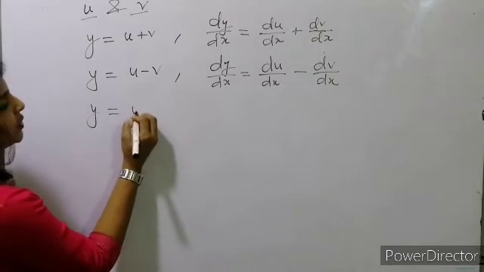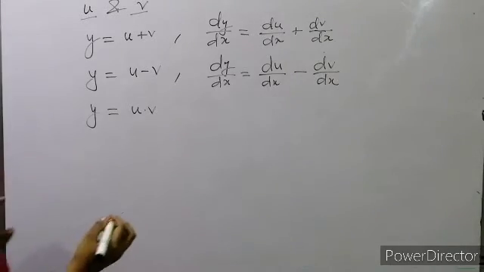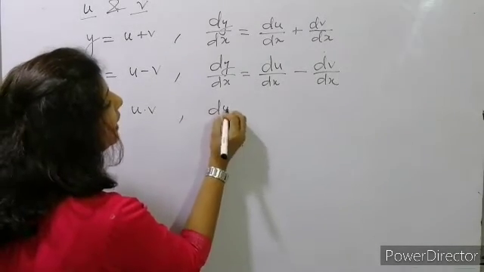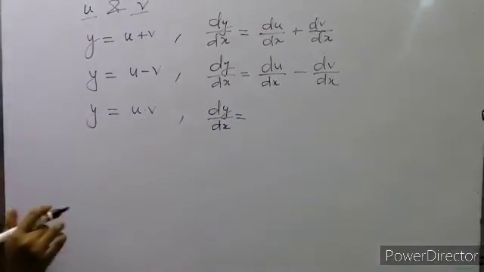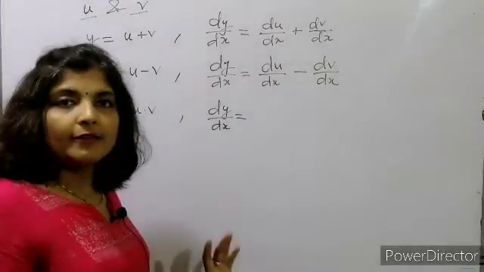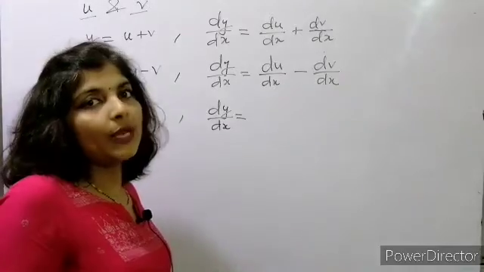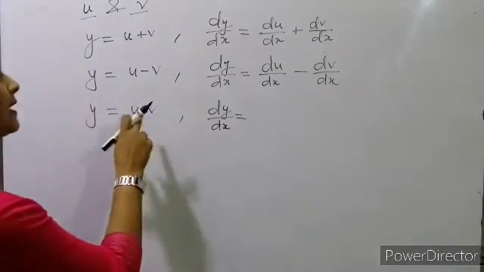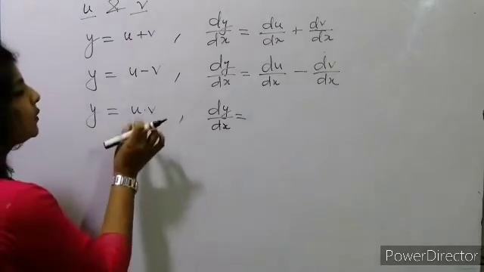Now the value of y is u into v. In that case, what will be the value of dy by dx? There are two things, u and v. Both are differentiable functions of x. So we can differentiate this one, and this one too. But at a time we cannot do both. So what will we do?